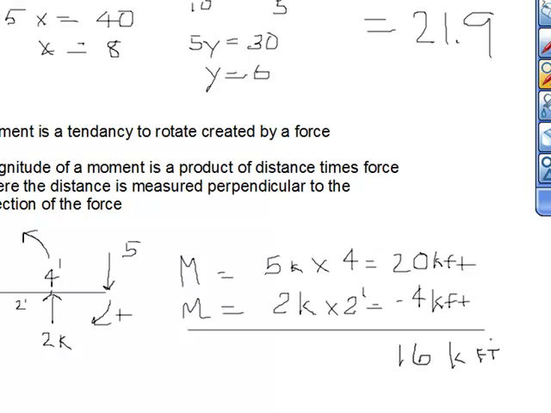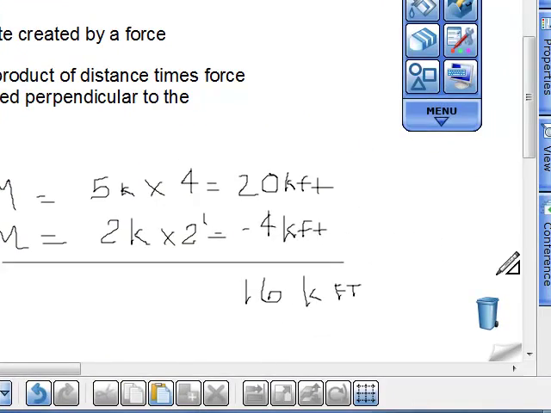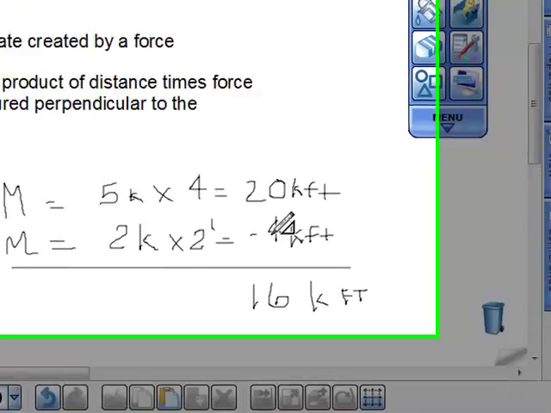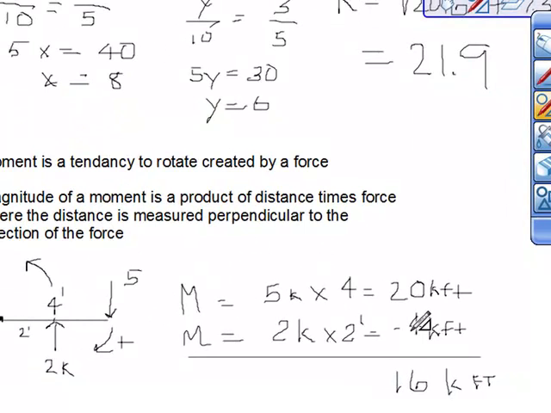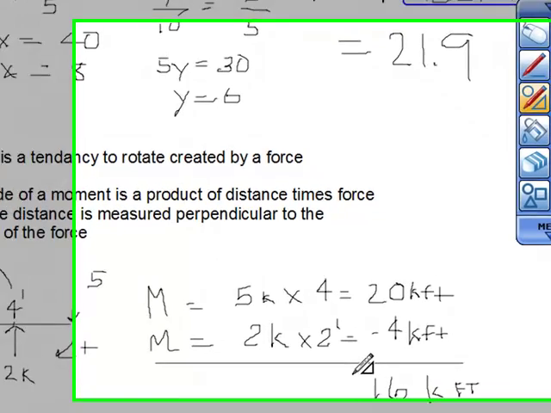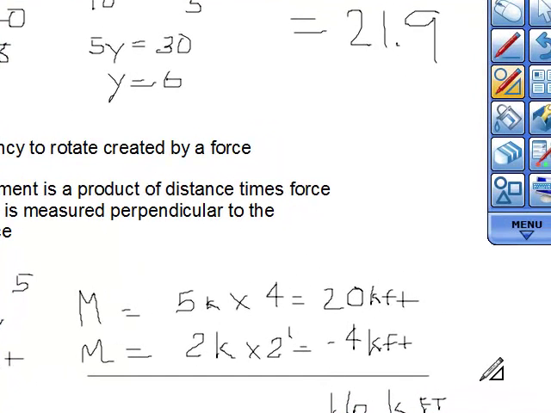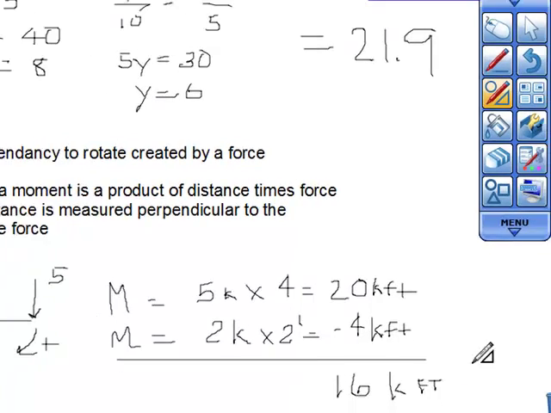And then we do problems that get more complicated. Later on we talked about reactions. If you want it to be in equilibrium, all the moments have to be equal to 0, so you have to design your structure in that way. But moments, I think, are pretty simple once you break it down.